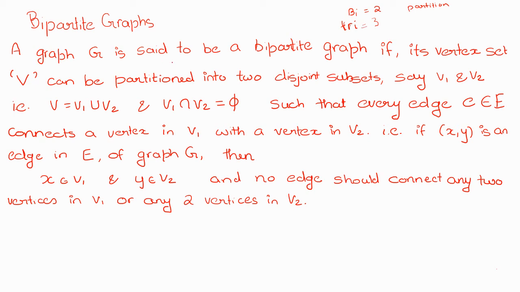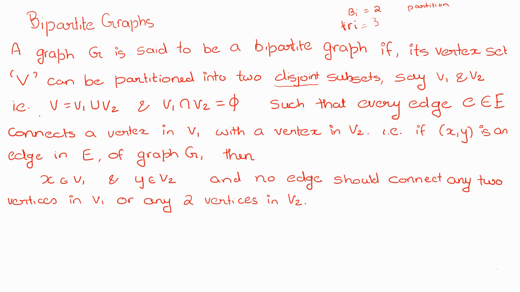A graph G is said to be a bipartite graph if its vertex set V can be partitioned into two disjoint subsets, say V1 and V2. The two partitions are of the vertex set, and they are two disjoint subsets, meaning no vertex is common between those two subsets.